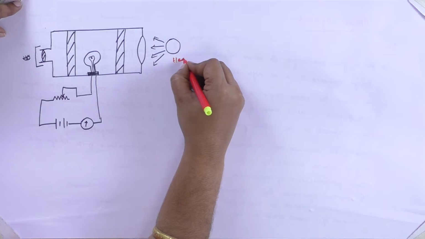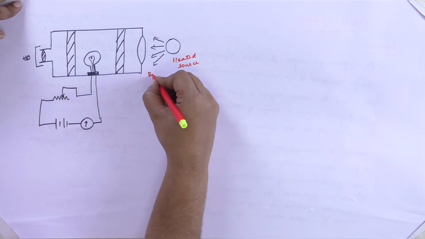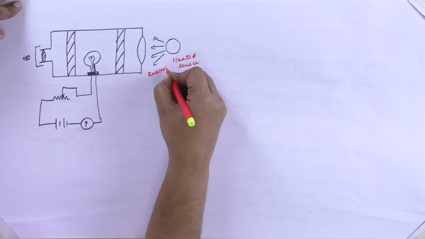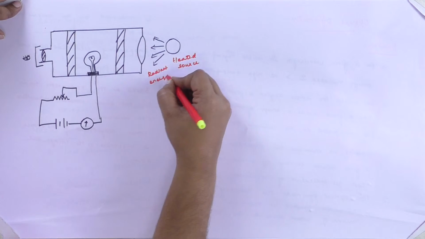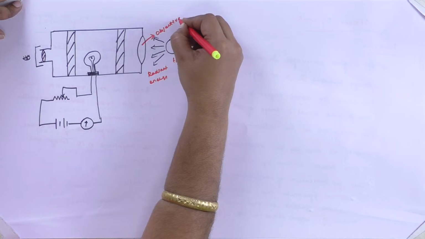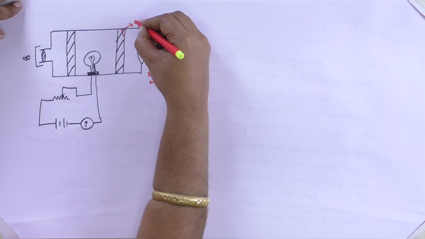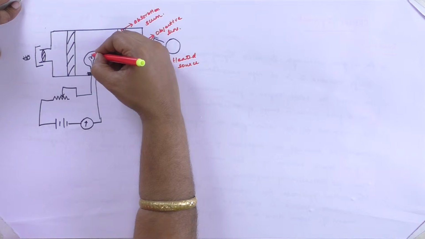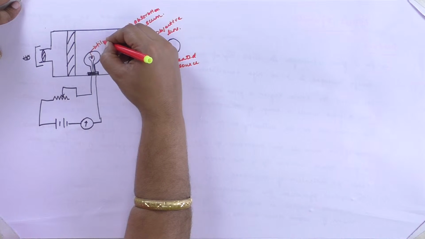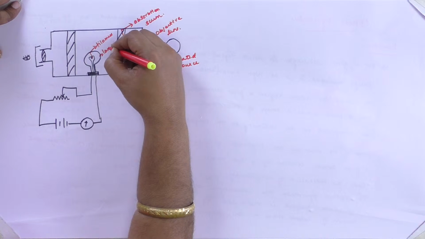So here we have a heated source whose temperature is to be measured, and the radiant energy from the heated source falls on the objective lens placed in front of it, and an absorption screen is used. We have a lamp and its filament.